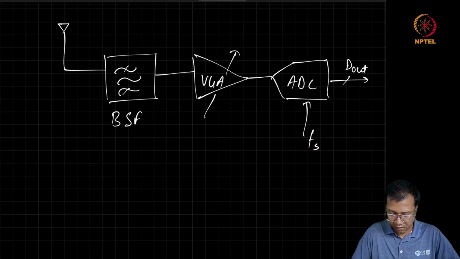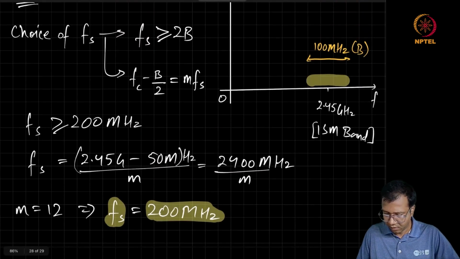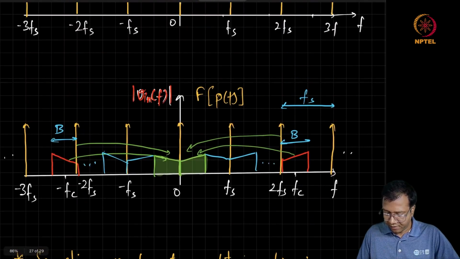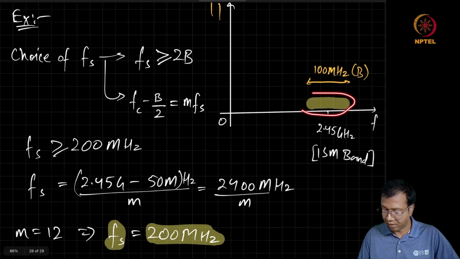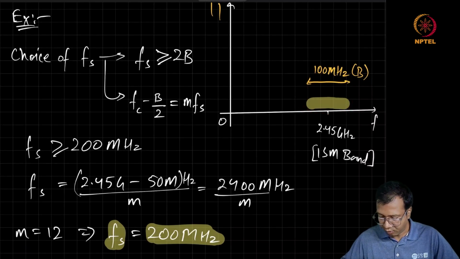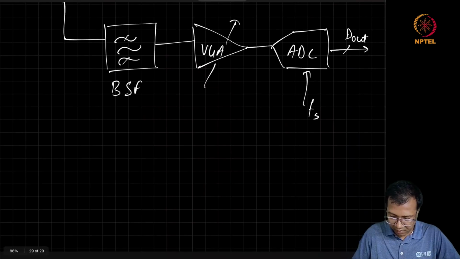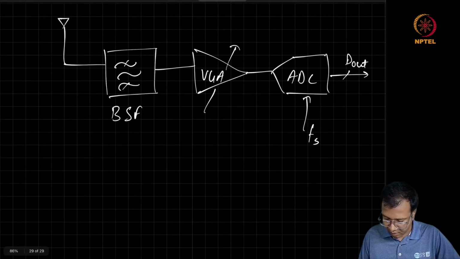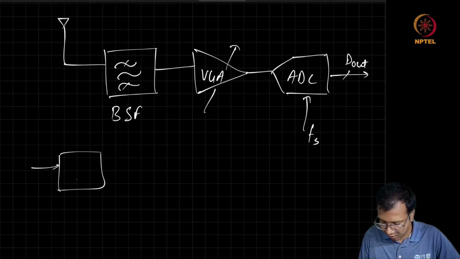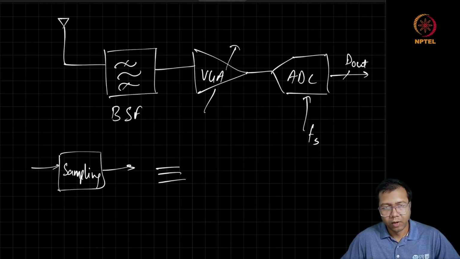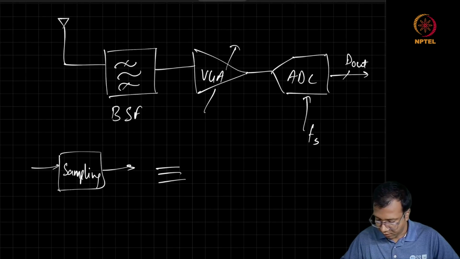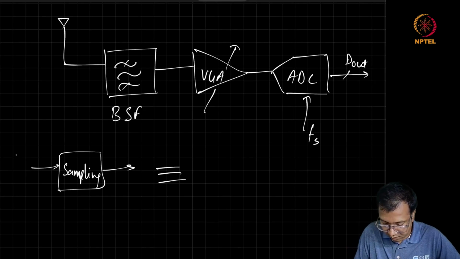But are there any drawbacks? To understand the practical challenges here: assuming that the sampling operation is all ideal, this is all going to make sense. But in reality, the sampling operation requires you, in the simplest form, to implement a switch.